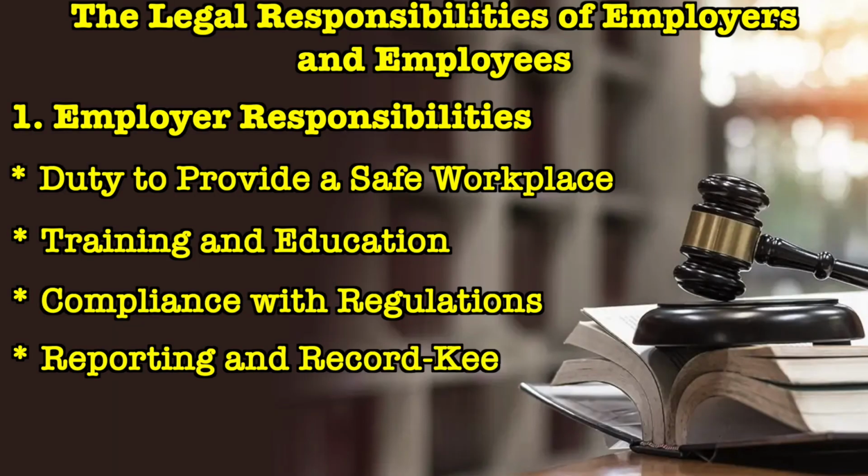Employers must comply with all applicable safety regulations and standards, including providing required safety equipment. Next one is reporting and record keeping. It means employers often must keep records of workplace injury, illness and safety measures. The importance of reporting and addressing incidents promptly.